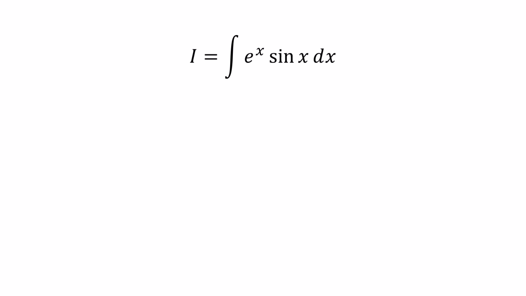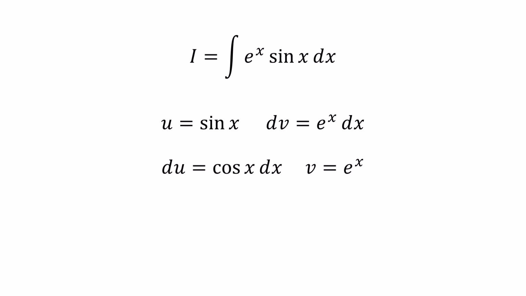We start by choosing u equals sine of x and dv equals e to the x dx, then du equals cosine of x dx and v equals e to the x.